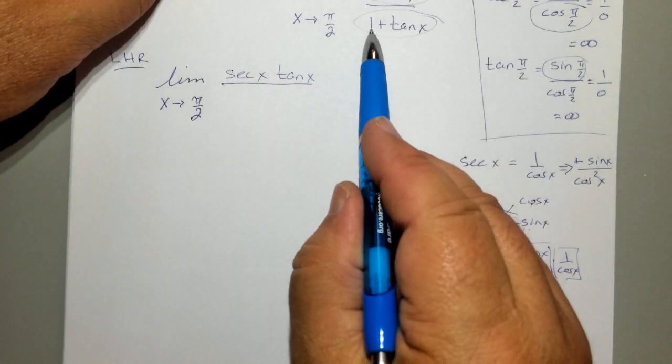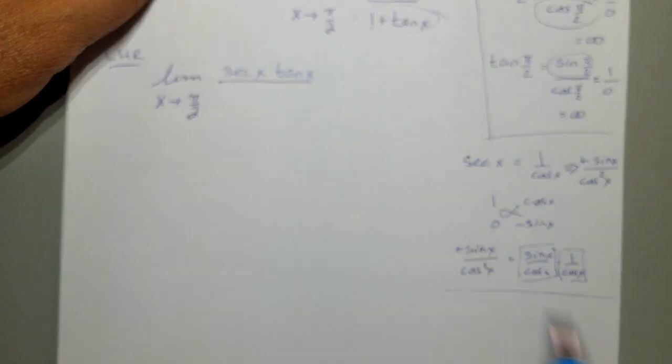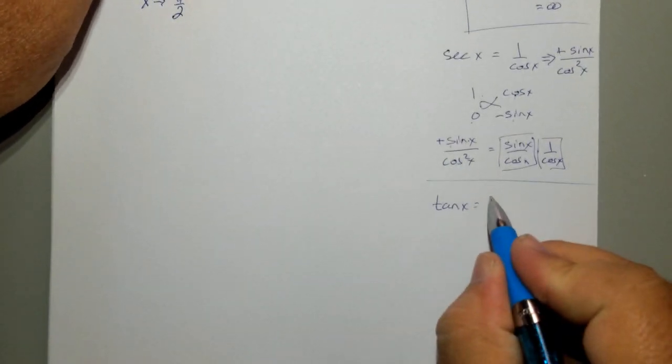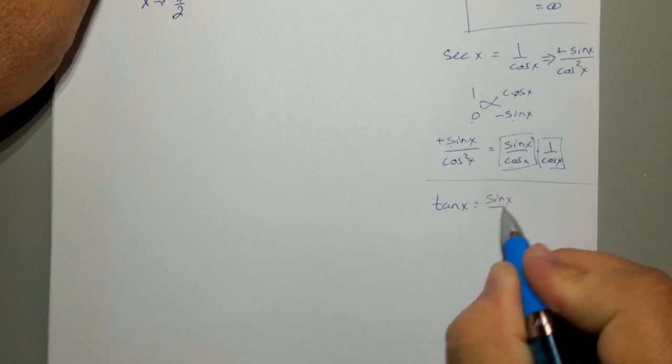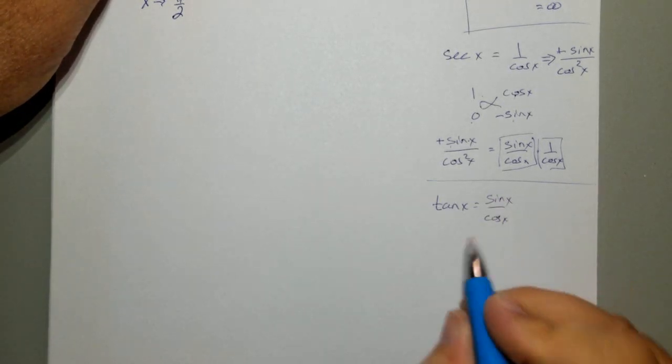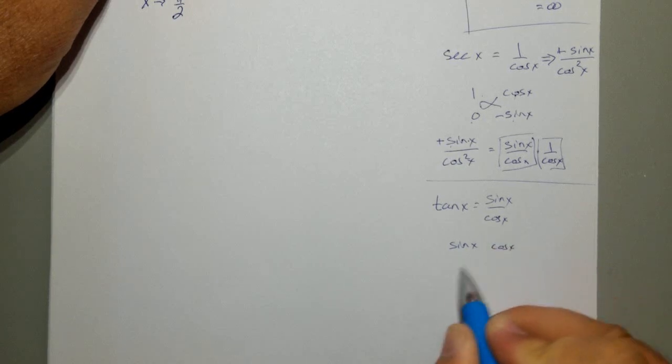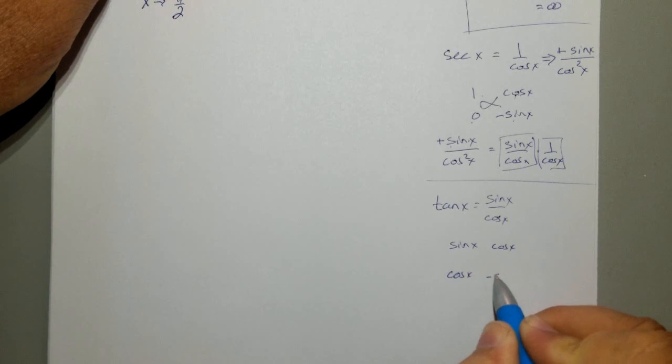The derivative of tangent: tangent is sine over cosine. So we take the derivative of that. The derivative of sine is cosine, the derivative of cosine is negative sine.